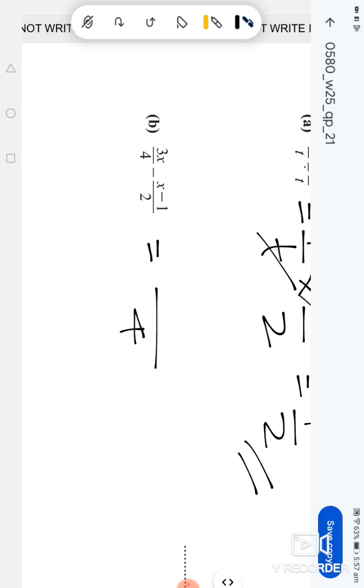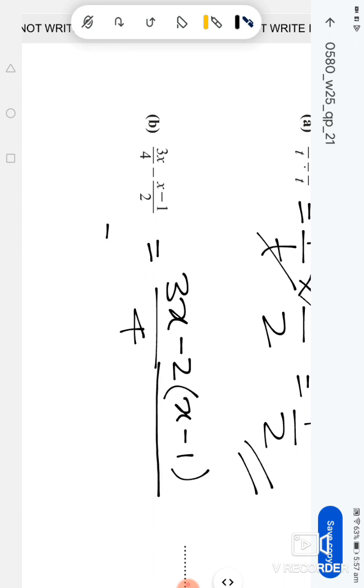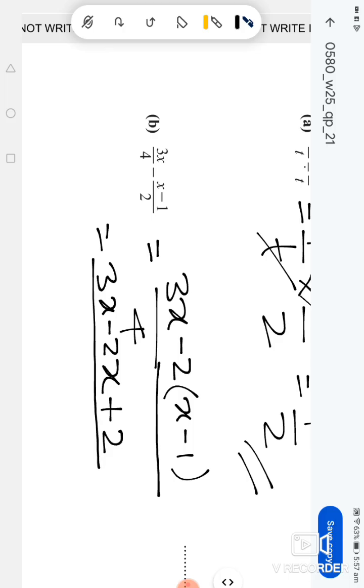The LCM is 4. 3x minus 2x minus 1. 3x minus 2x and plus 2, divided by 4. So x plus 2 by 4.